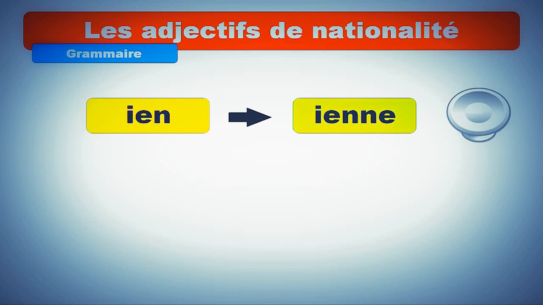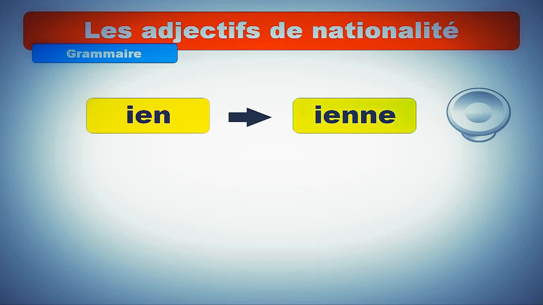And now we've got yen. Okay, so remember that the first I gives you the sound y, okay? And then you've got yen, masculine form, repeat, yen, okay? Feminine form, it's yen, okay?